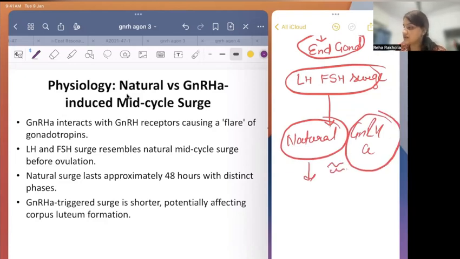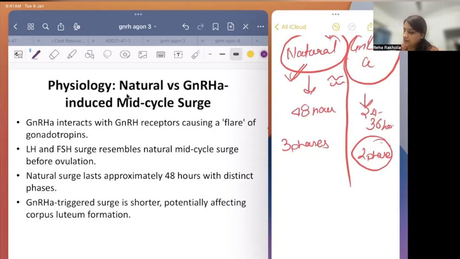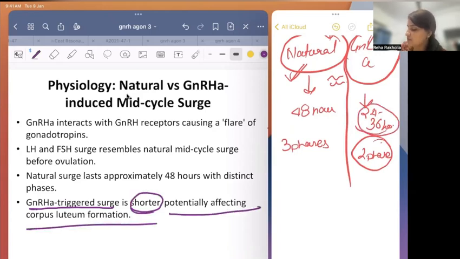But the natural LH surge lasts 48 hours, while the GnRH agonist surge lasts 24 to 36 hours and occurs in 2 phases. The GnRH trigger surge is shorter, only 24 to 36 hours, potentially affecting corpus luteum formation. That's why the corpus luteum is defective here.